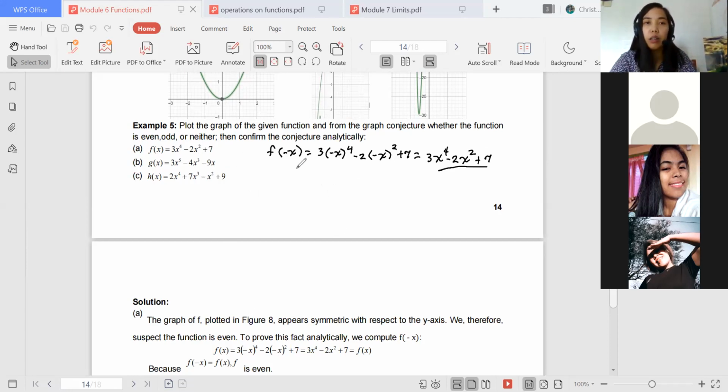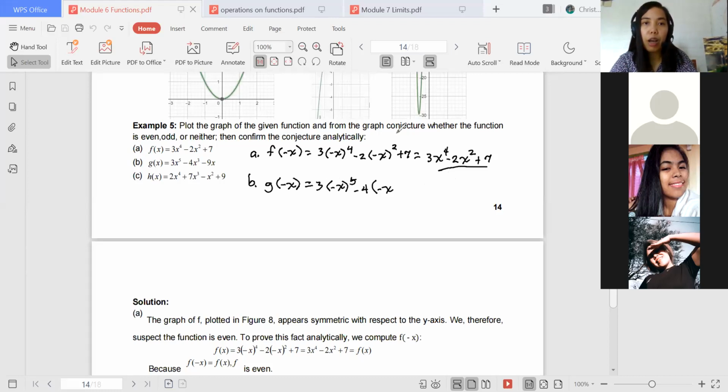Next. So, we know now that the graph of this is symmetric to the y-axis. The second one, g of x. We will substitute negative x in the given function: 3 times negative x to the fifth power minus 4 times negative x cubed minus 9 times negative x.